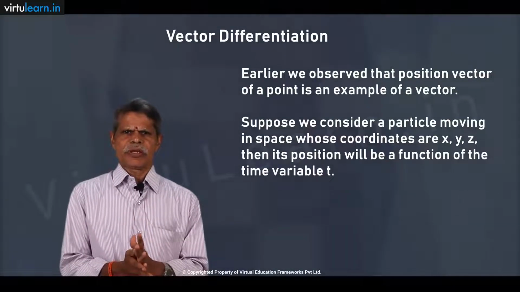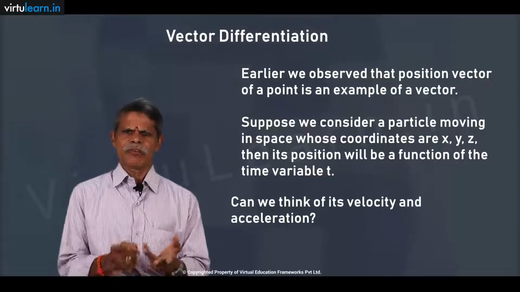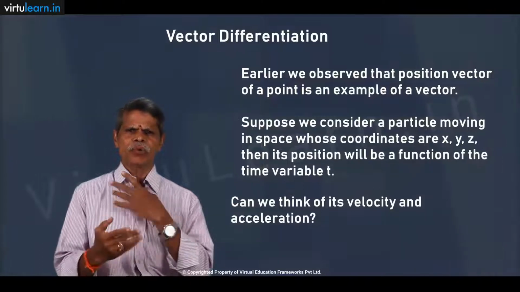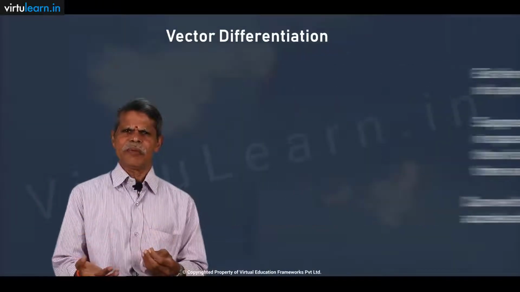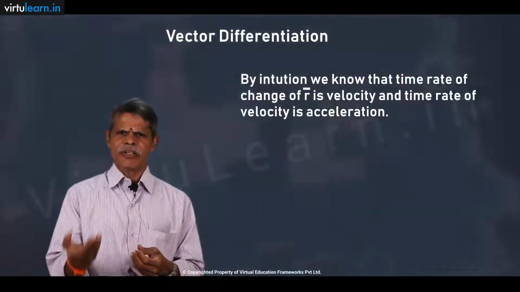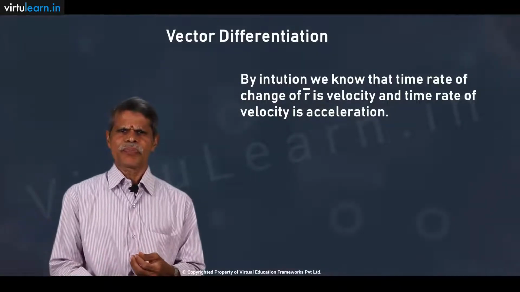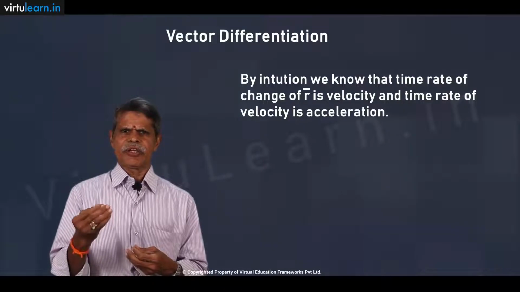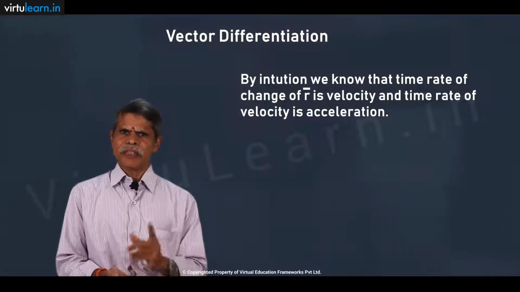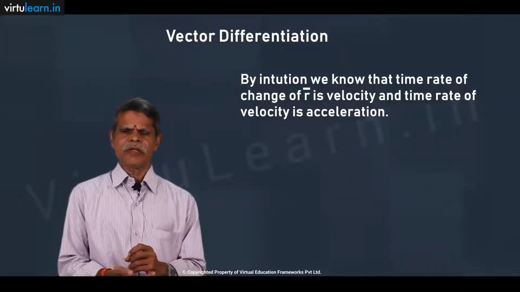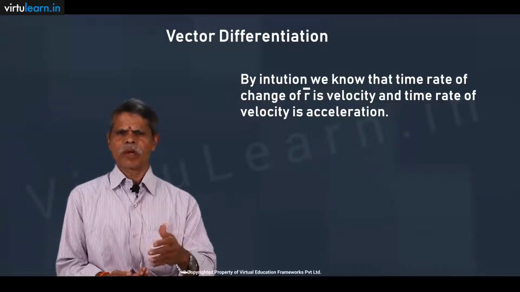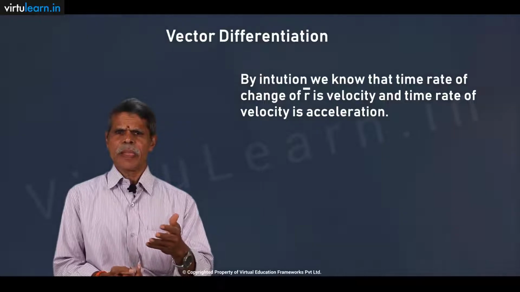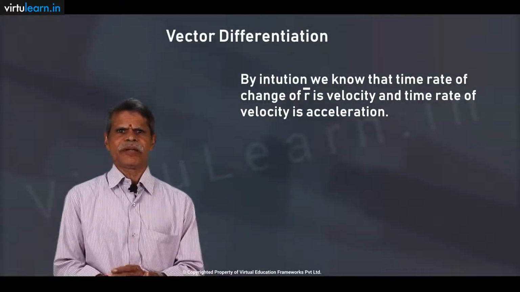When a particle is moving, it will have velocity and it will have acceleration. How to get velocity? We know that velocity means time rate of change of position, and acceleration means time rate of change of velocity. That means perhaps by considering derivatives of r bar and the velocity vector, we may be able to get the velocity vector and acceleration vector.